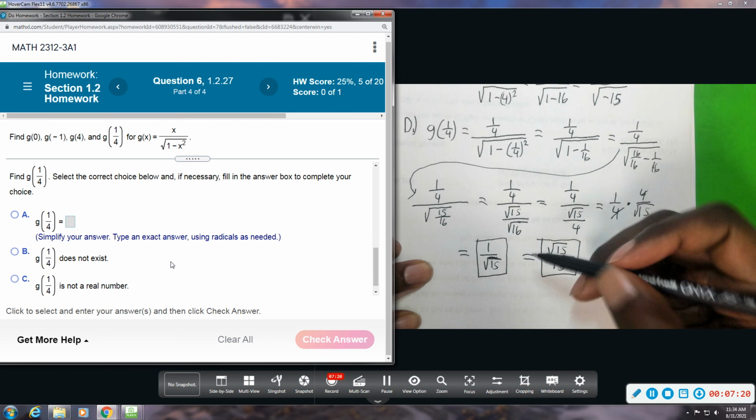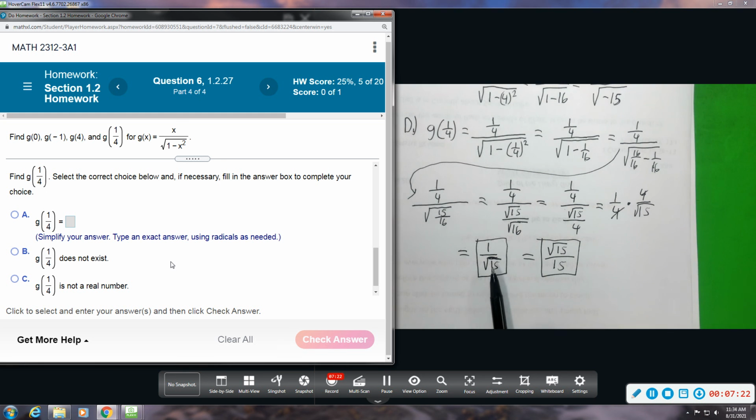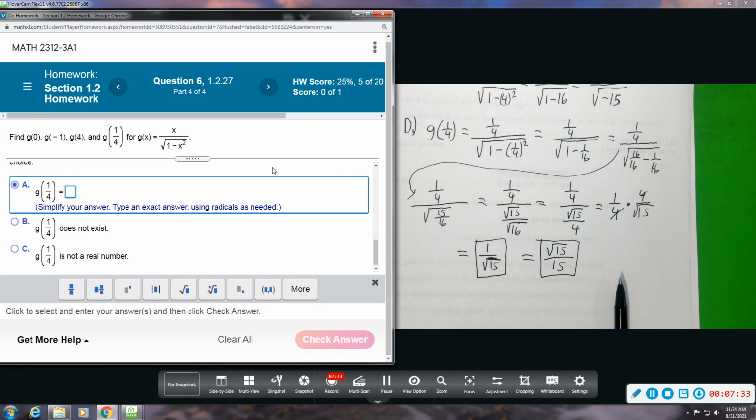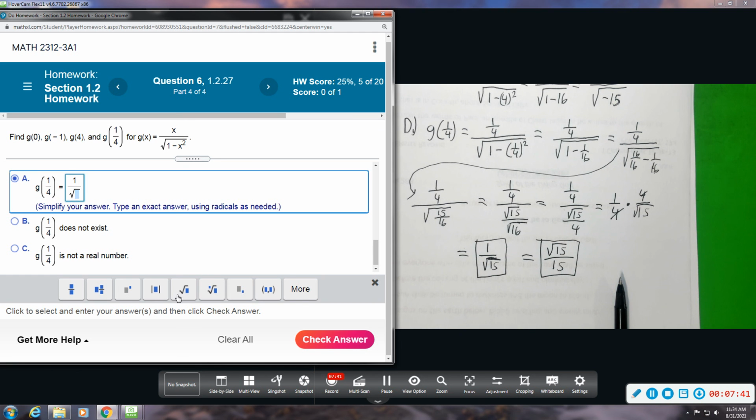This one is better. This one is just good enough, but if possible, you want to rationalize. So I'm going to type the unrationalized solution just to show you that it will accept it. But either one, this second one is better. 1 divided by the square root of 15.